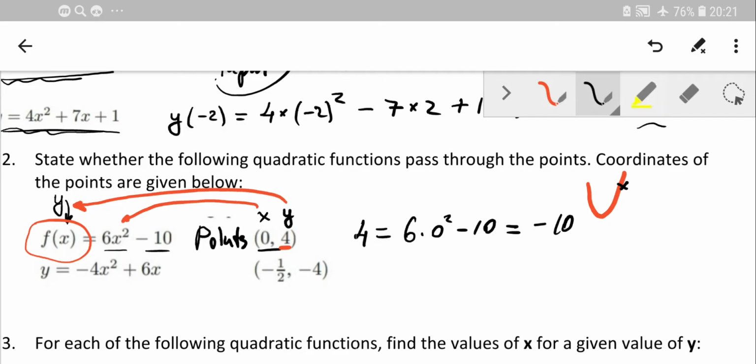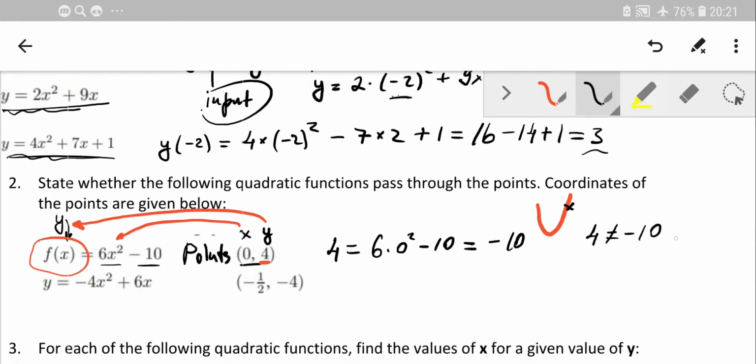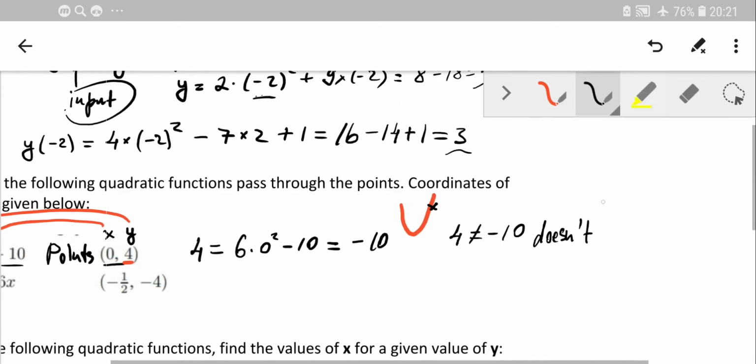Does this function pass through this point, 0 and 4? No, because the equality is incorrect. So 4 is never equal to negative 10. That's why it doesn't pass through. So the answer here: doesn't pass through.